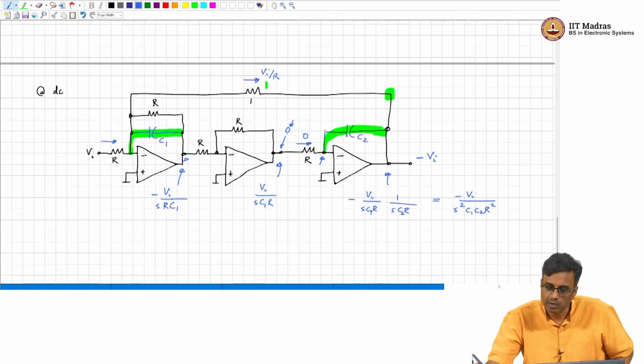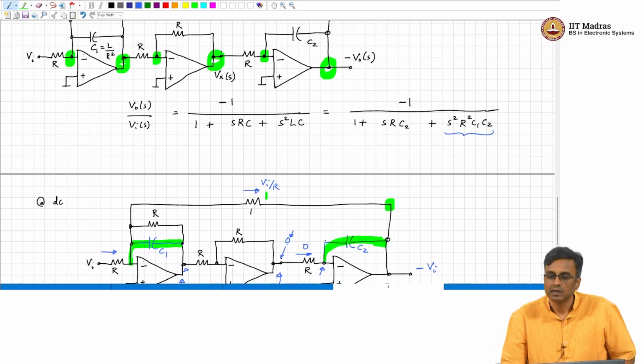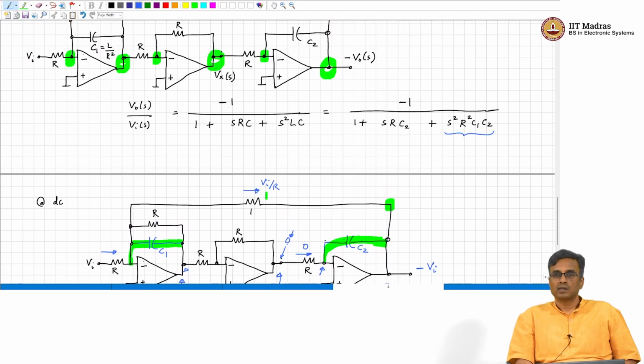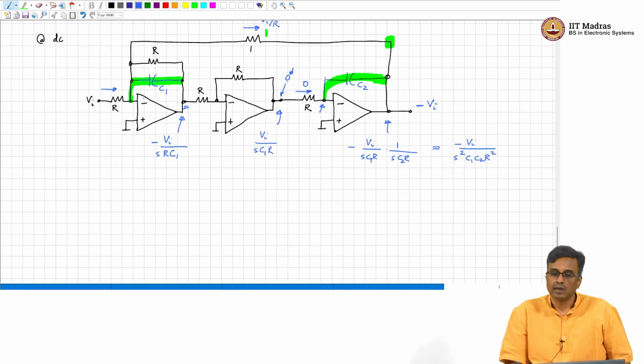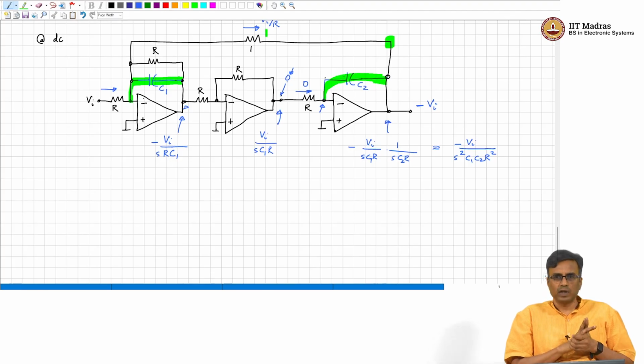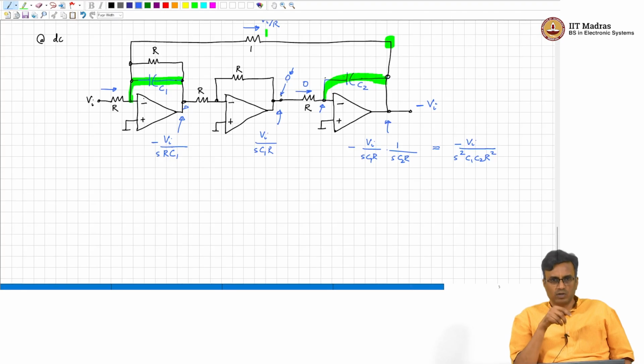As you can see from here, at high frequency it must be S square R square C1 C2, which is the same as what you see. Asymptotically, when you look at a circuit at very high frequency and at very low frequency, you should simply be able to look at the circuit and figure out what the asymptotic response must be without actually calculating the entire transfer function and putting S equal to infinity or 0.